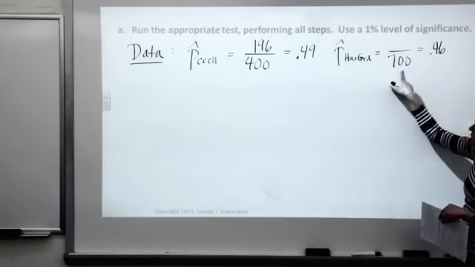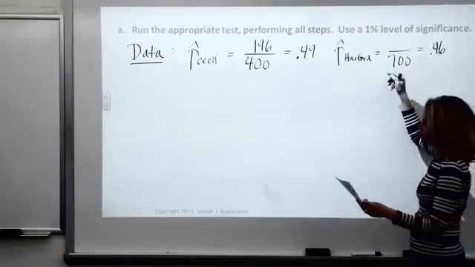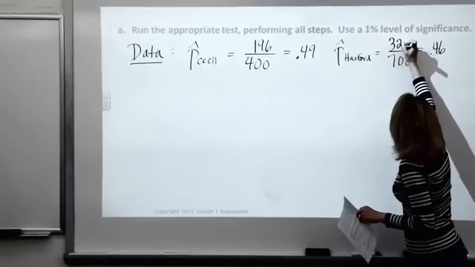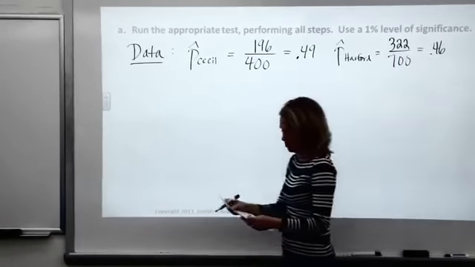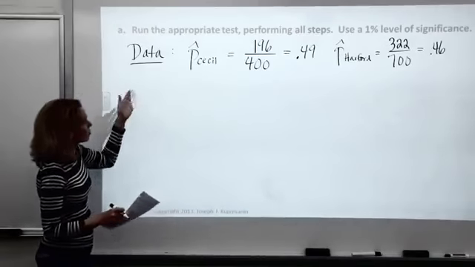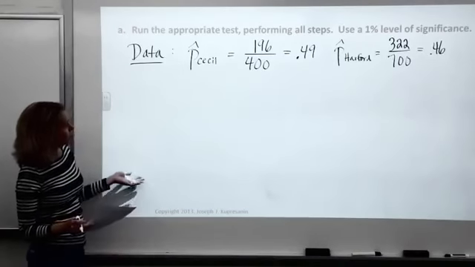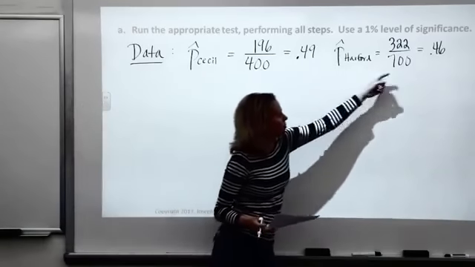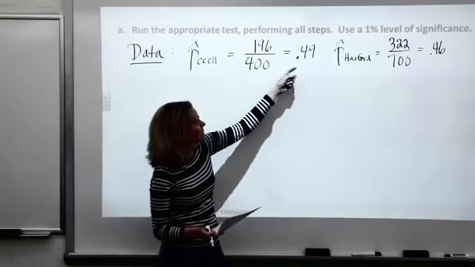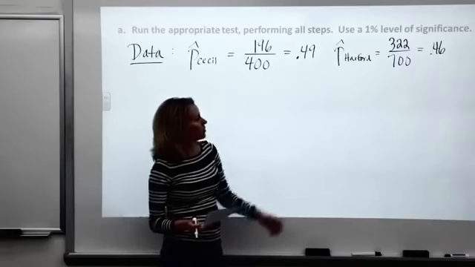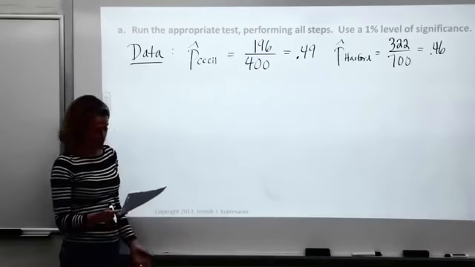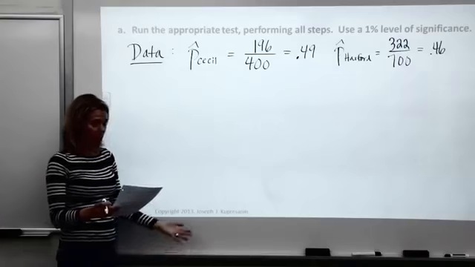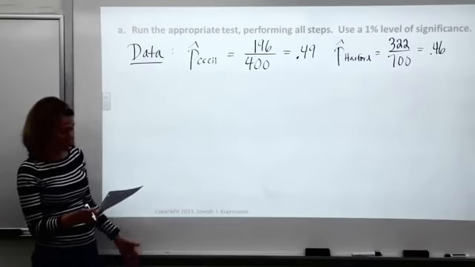If you took 46% of the 700 students, that would mean 322 students had a GPA of 3.0 or higher. So that's our information from our samples. You can see it was a 3% difference. Is this a big enough difference to conclude that Cecil students have a higher proportion of 3.0 plus students?